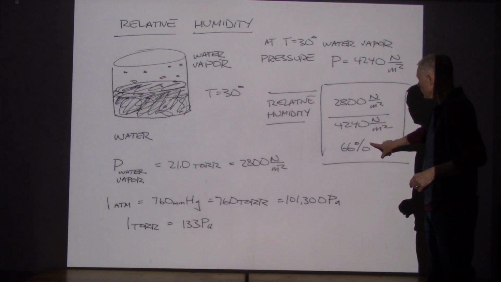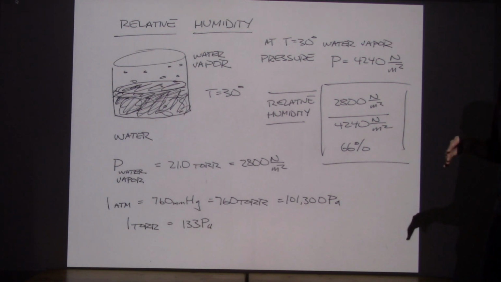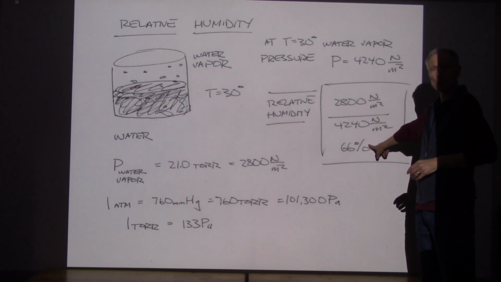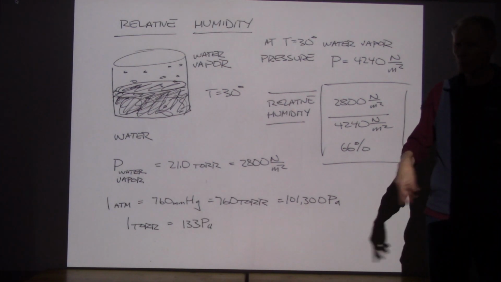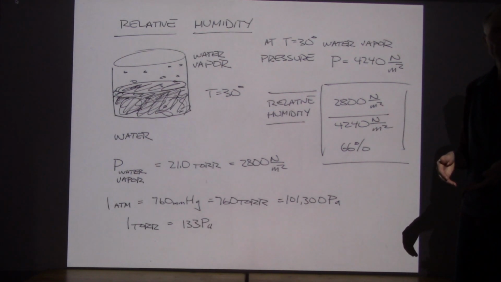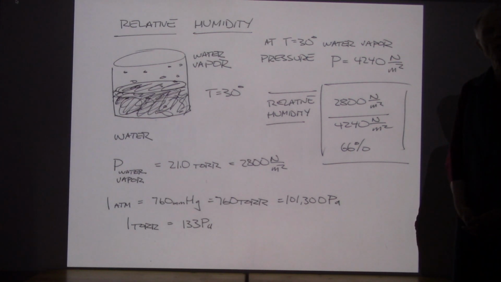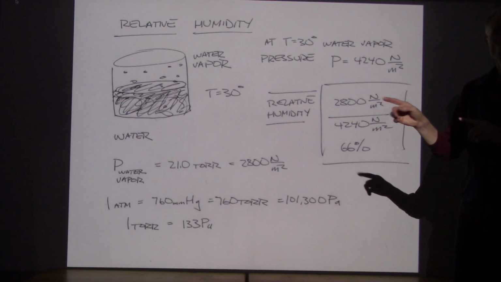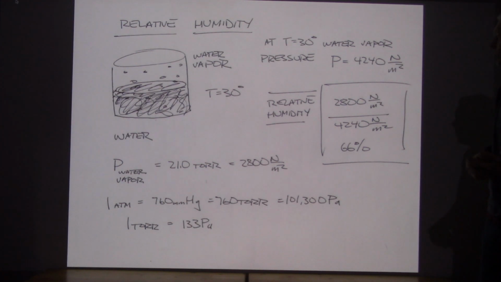So currently, looking at the number of water molecules in the air, according to this problem, we are only at 66% of saturation. And that says that if we have water lying around in puddles, we will continue to see evaporation take place. The direction of phase change would be having more of the liquid go into vapor.